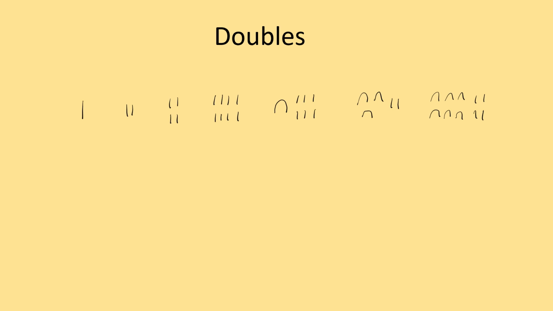We're going to be reading these from left to right, and this is the primary set of doubles. We start with 1, double we get 2, double that we get 4, double that we get 8, double 8 we get 16, double 16 we get 32, and double 32 we get 64.